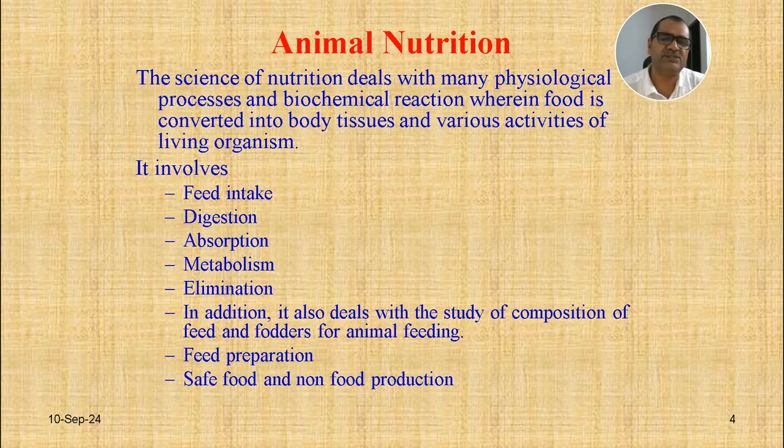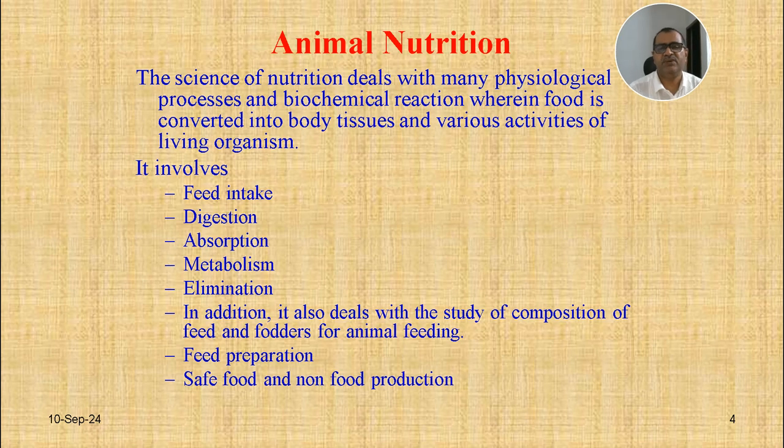So nutrition is a science that studies the biochemical and physiological reactions which convert food into body tissues. For example, animal body tissues like the muscles, and also the milk and various activities of that particular animal.